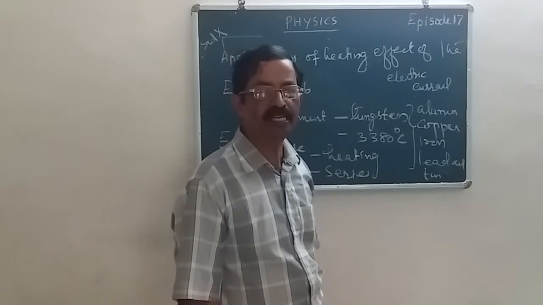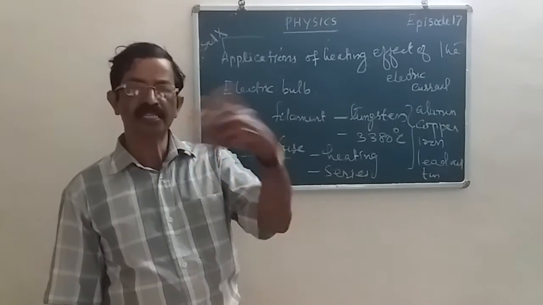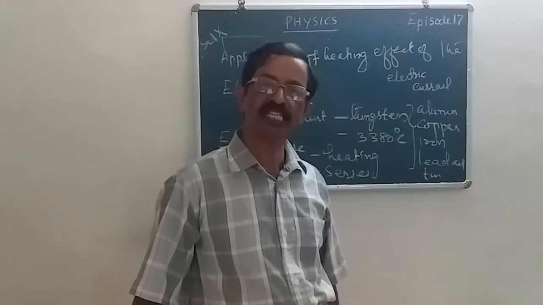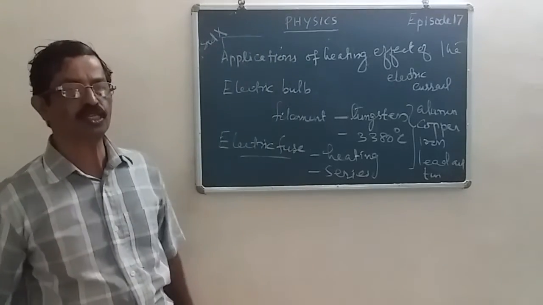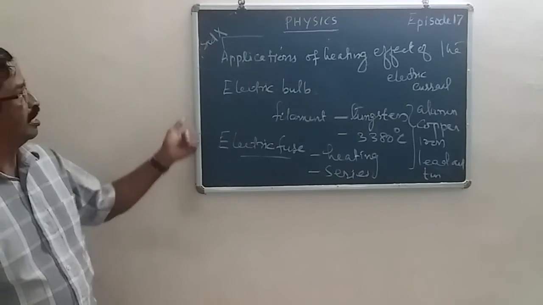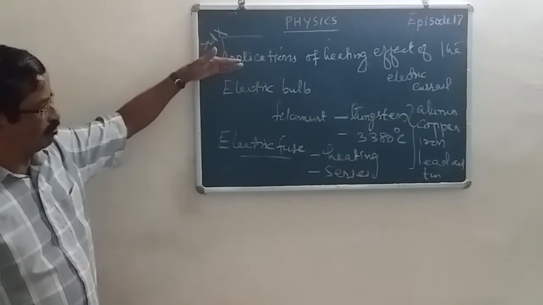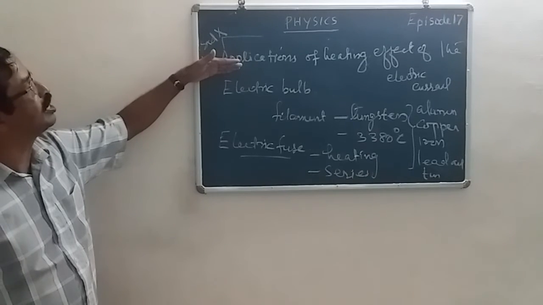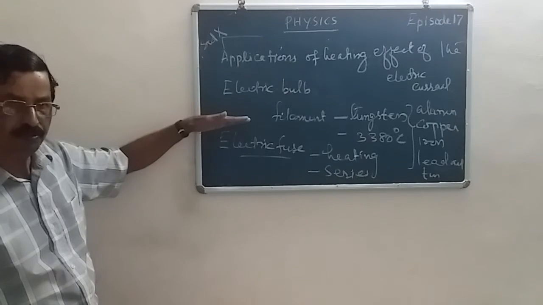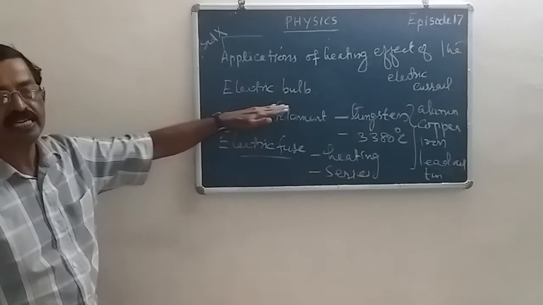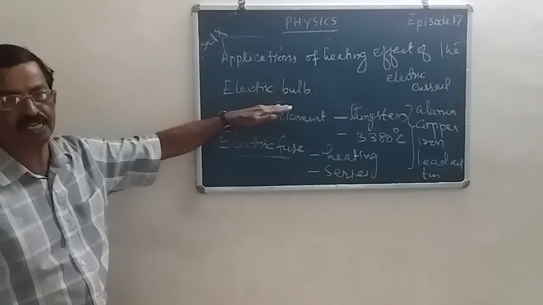Its melting point is low, so whenever the temperature increases tremendously, it melts and breaks the circuit, so it protects the circuit. Here, in the electric bulb and in the electric fuse or safety fuse, we use the heating effect of electric current.